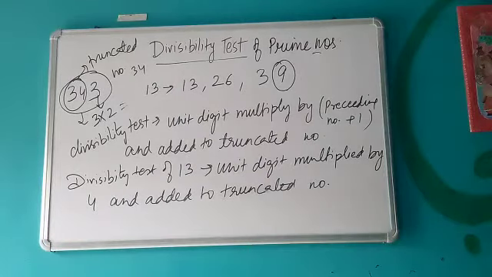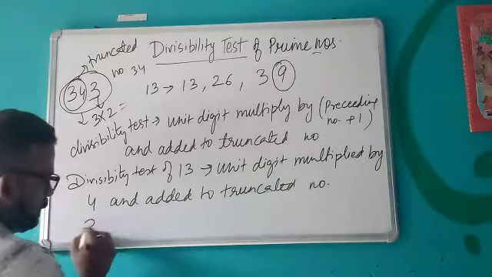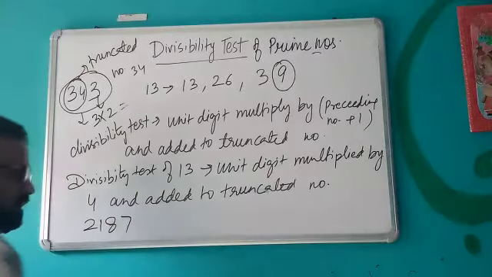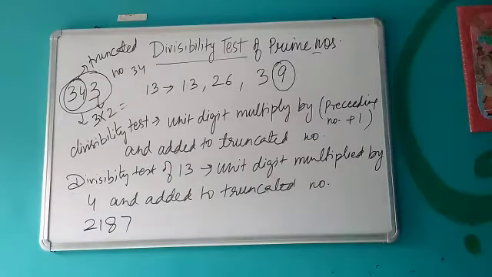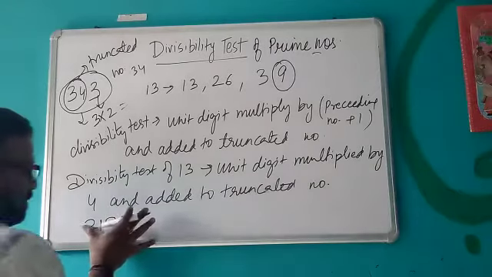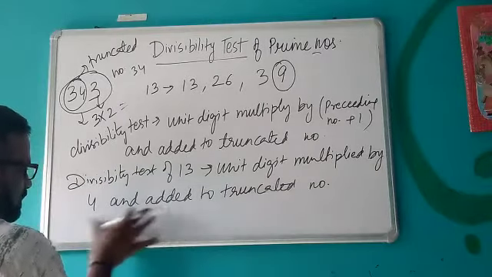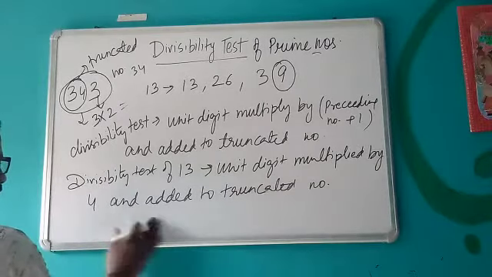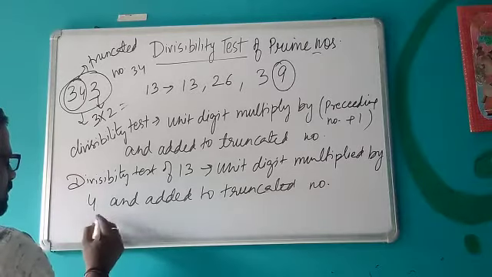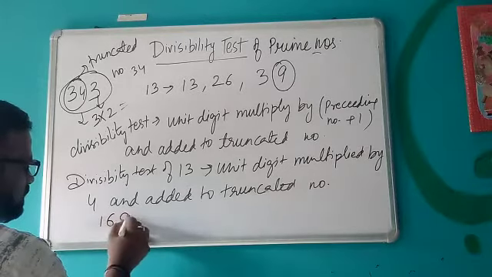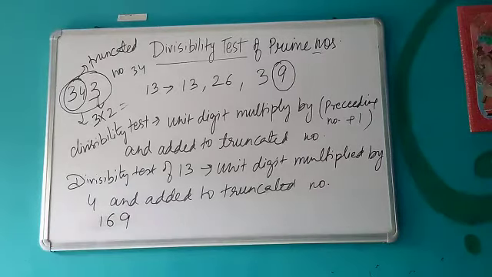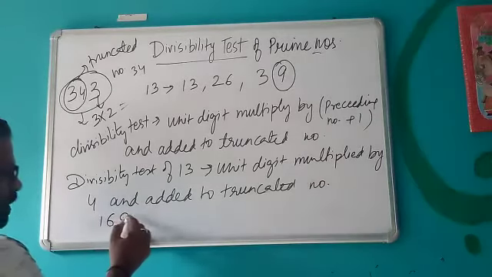For example, take a number, suppose 169. You already know this number is divisible by 13. So how do we check?